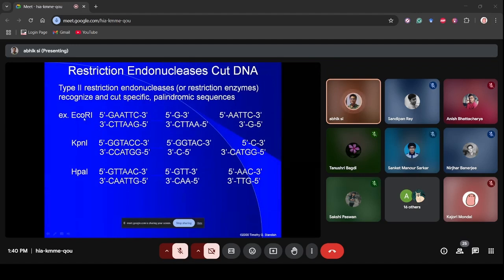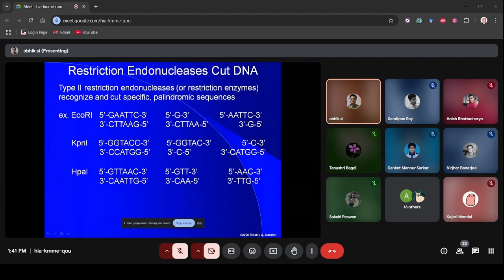So simply, if I treat a long DNA molecule having this particular region with EcoRI, it will be separated into two fragments. And again, if I add some DNA ligase to the test tube and allow them to join, then these two fragments again produce one single molecule.